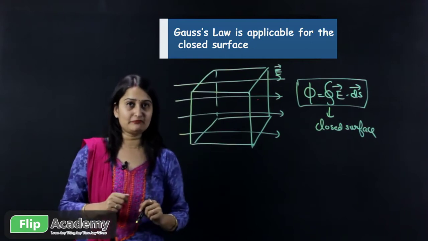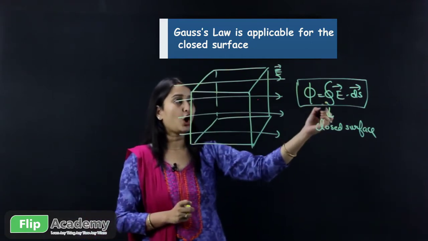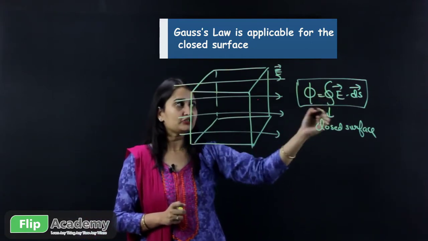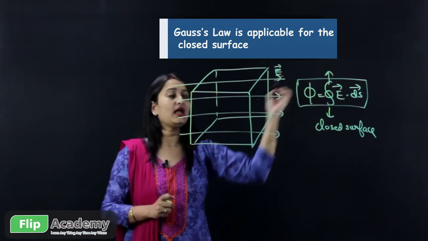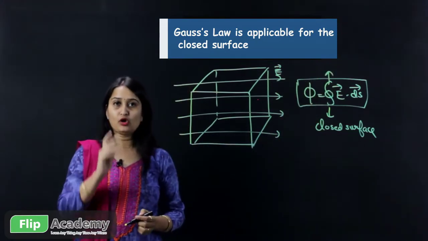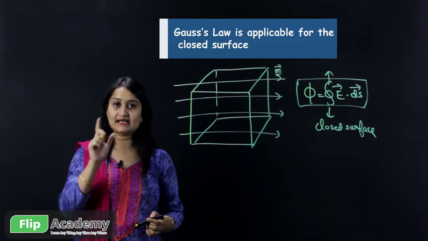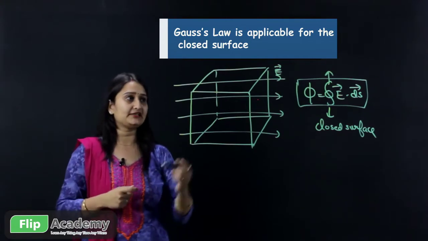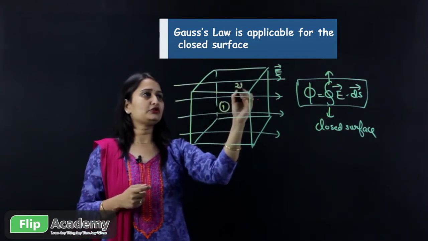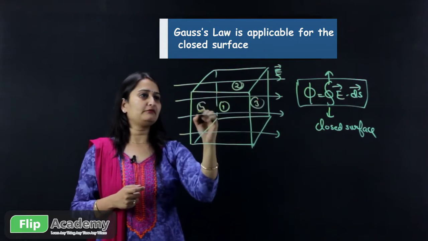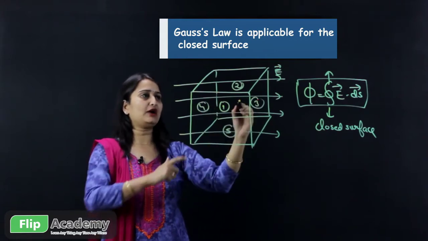Now you can see from the formula that the flux is found of the closed surface, which is shown by this particular symbol. Now I already told you that the surface, that is a closed surface, has 6 sides. Okay, 1, 2, 3, 4, 5 and the back one, that is 6.